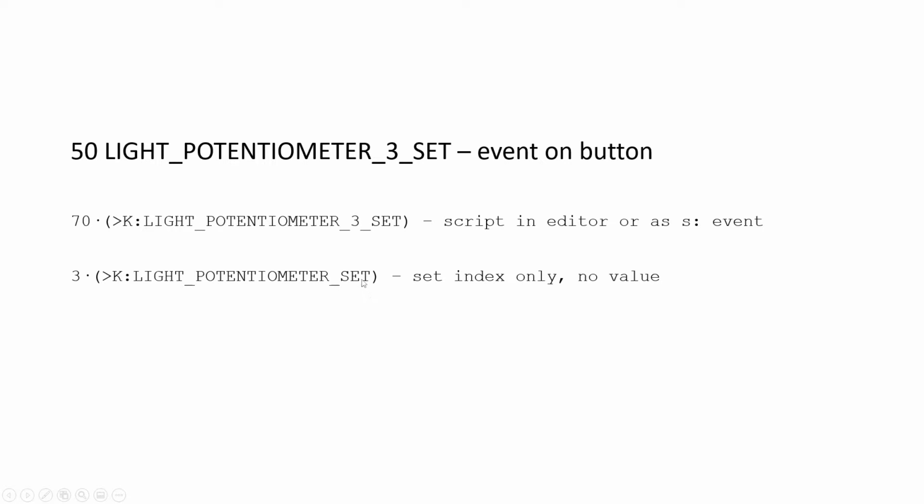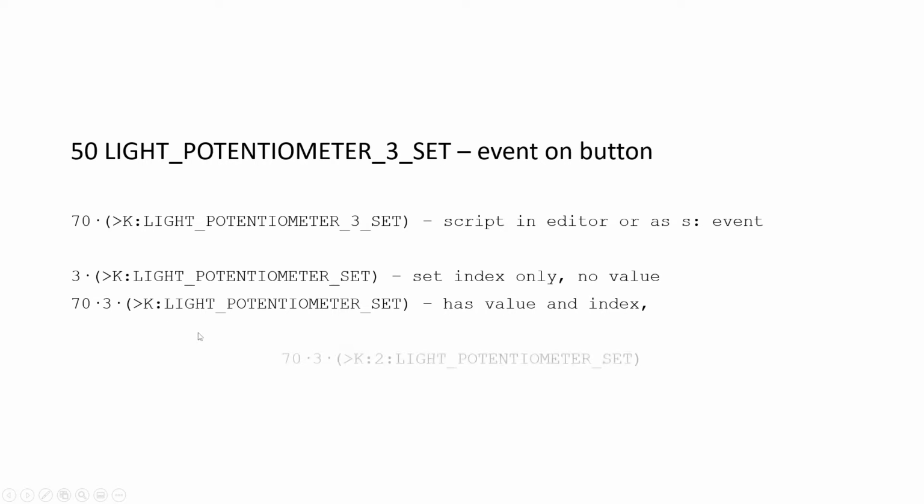This is how we would build up the general purpose one as a script. There's the 3, that's the number of the potentiometer we want to address. This is the value that we want to send to it. So we've got a value and an index, but it won't work because we haven't told it there are two values to work with, and this is the one that actually works.